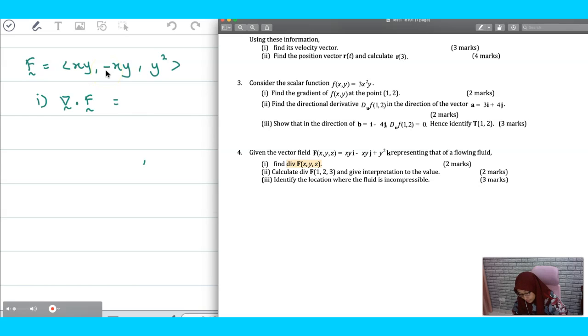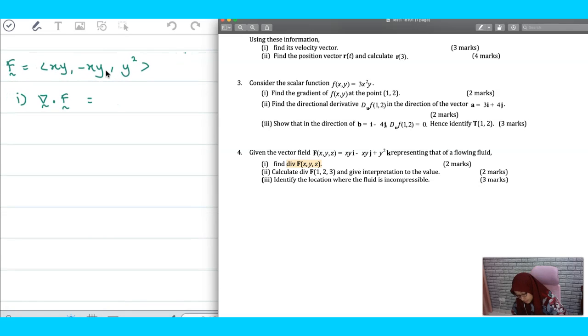So you can have del x of xy plus del y of minus xy plus del z of y squared.